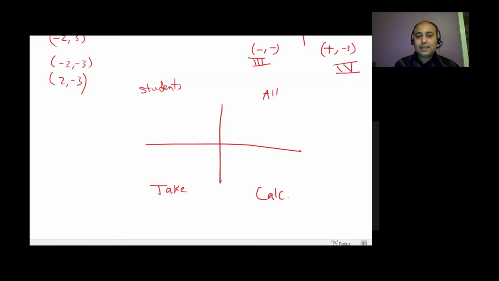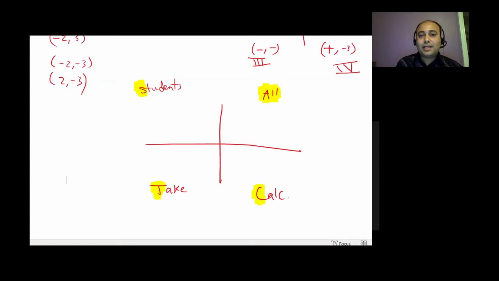All the students take calculus. What does it mean, and how is that related to what we're doing here? A is the first, oh, I'm sorry, All, and we're just going to use S for Students, T for Take, and C for Calculus.